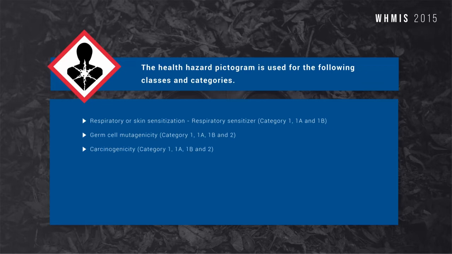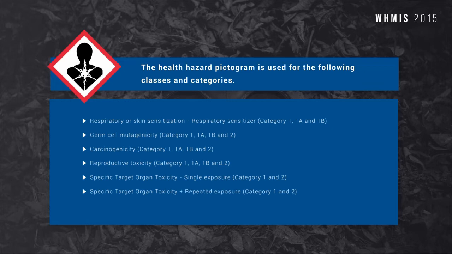Carcinogenicity, Category 1, 1A, 1B, and 2. Reproductive toxicity, Category 1, 1A, 1B, and 2. Specific target organ toxicity, single exposure, Category 1 and 2. Specific target organ toxicity, repeated exposure, Category 1 and 2. Aspiration hazard, Category 1.